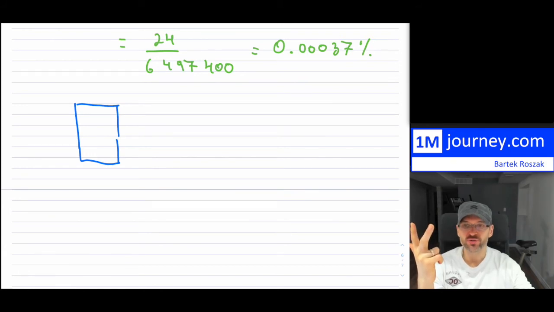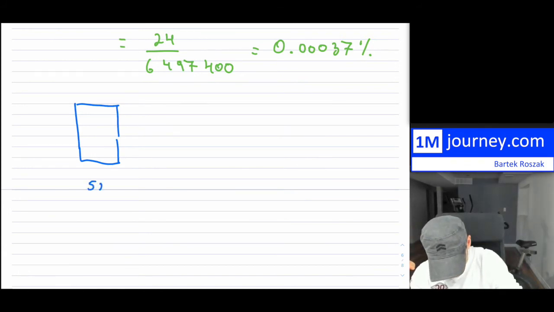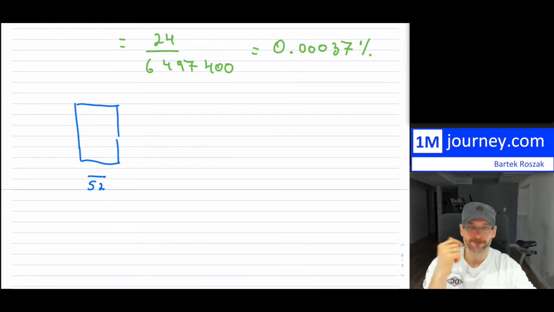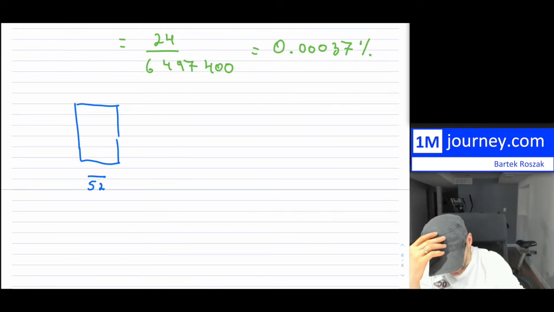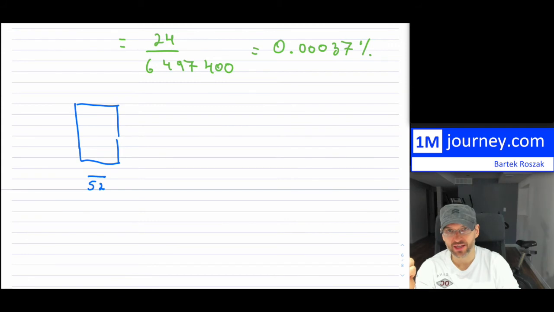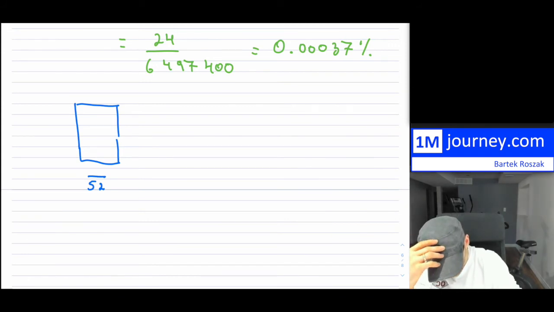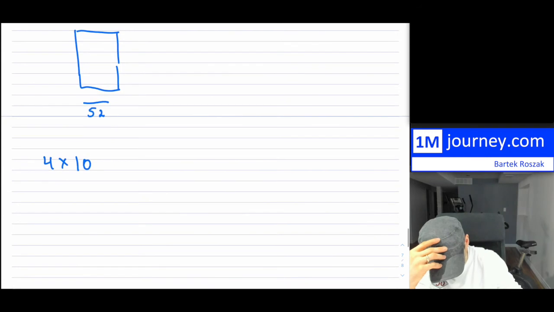In the 52 cards, on the first draw, I'm going to pull out either an ace, a 2, a 3, a 4, a 5, a 6, a 7, an 8, a 9, or a 10. So that's ace and then 2, all the way up to 10, 10 different cards, and there are 4 of each.